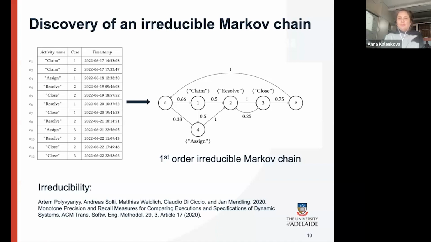This is just a totally connected graph, so each state should be reachable from any other state. And for this, we connect the end state with S, and we set the probability to 1. So when we finish with our case, we start all over again. So this is how the model will look like. And this is called an irreducible Markov chain.